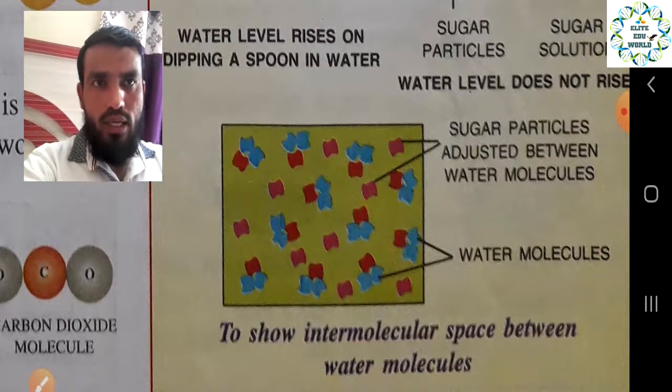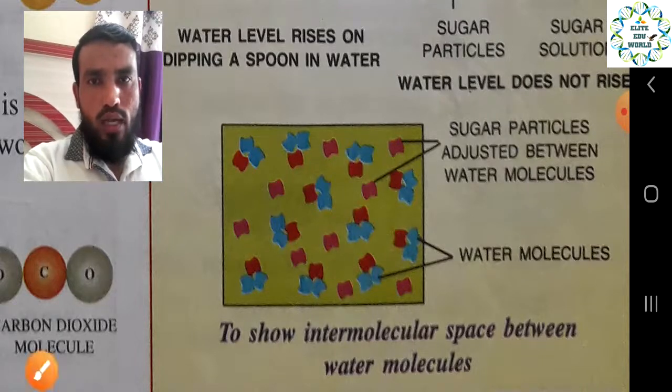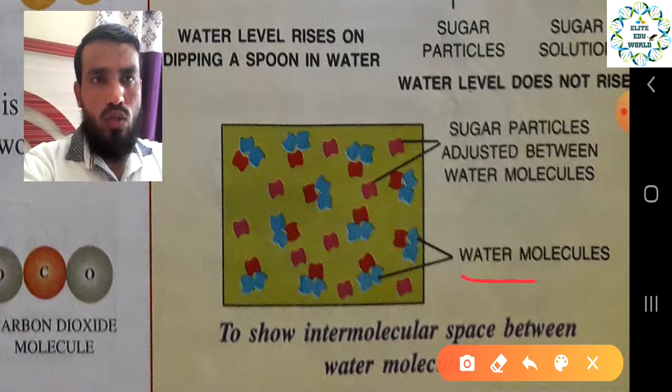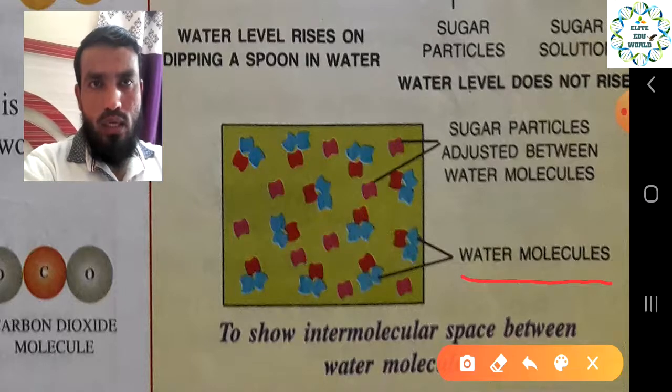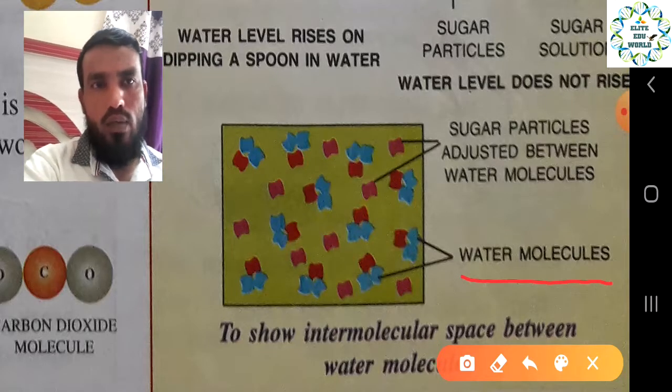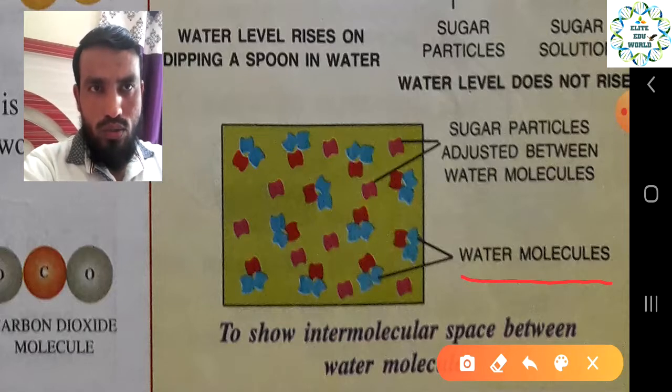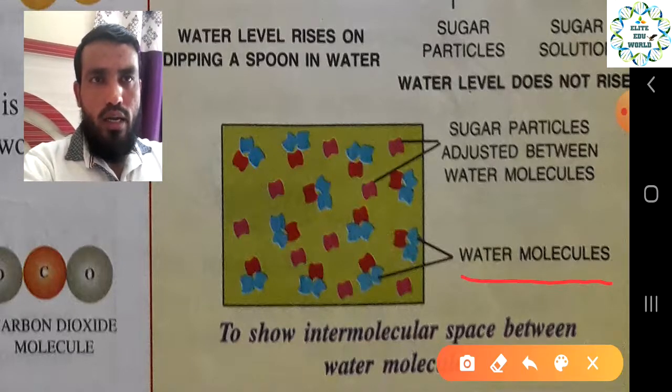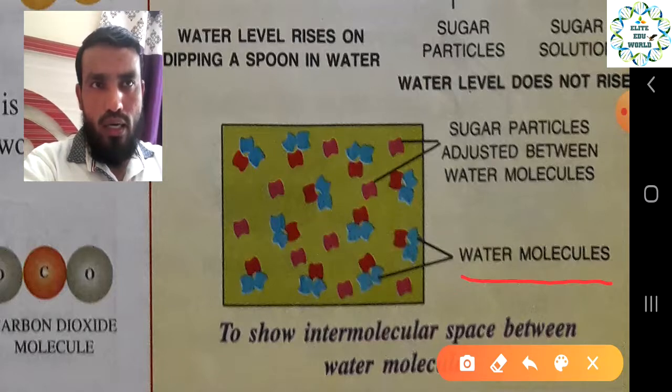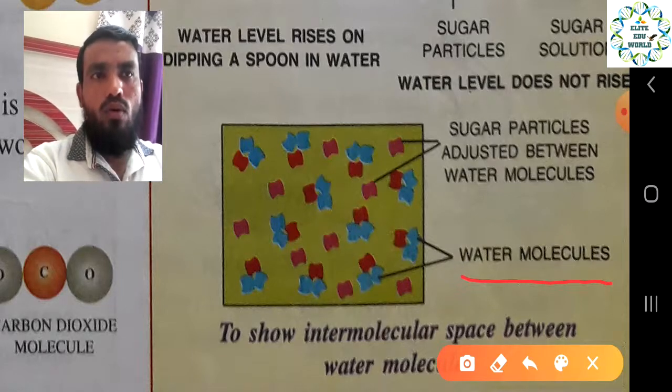You can see the blue dots here. These blue dots show you the water molecules. This shows the intermolecular space between the water molecules, and the red dots show the sugar particles adjusted between the water molecules.